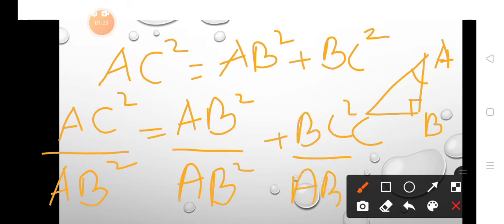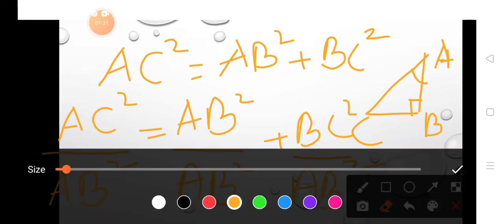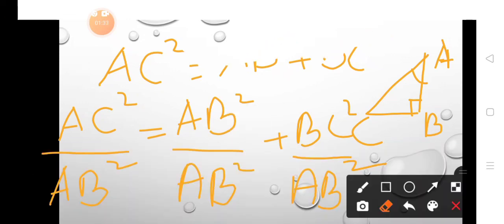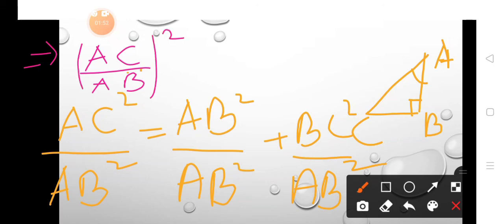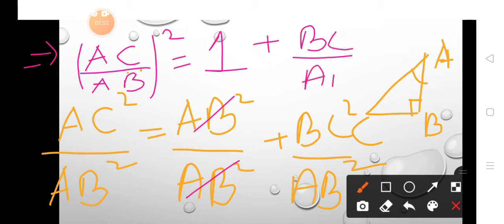Okay, now what will happen is, AC by AB whole square, yes or no, equal to, I can write like this, 1 will be left, plus BC by AB whole square.